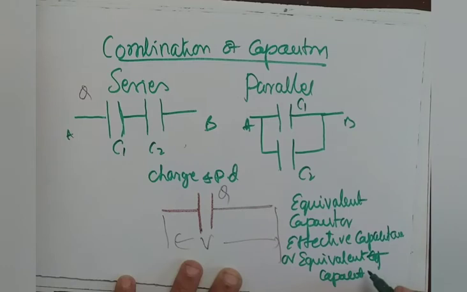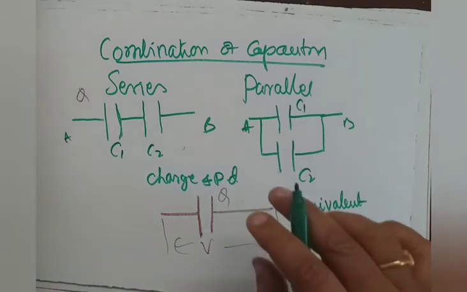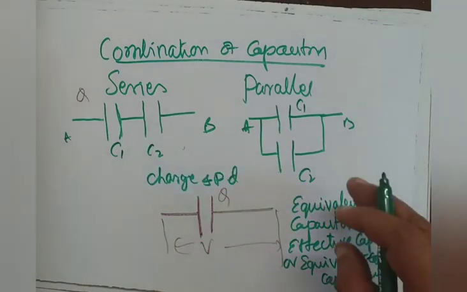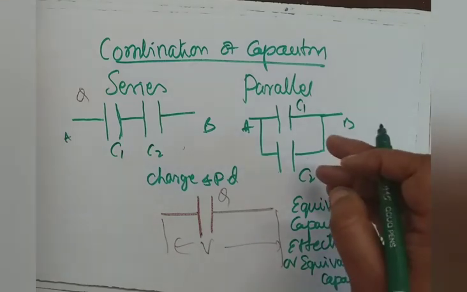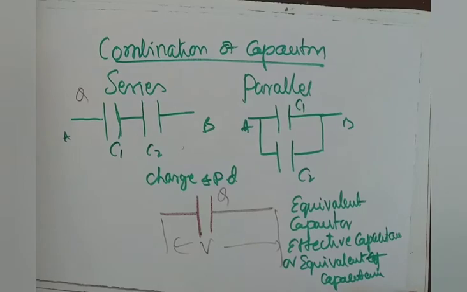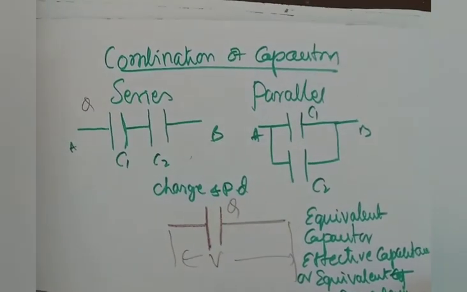So now our job is to derive the expression for equivalent capacitance for series combination, and in the same manner, the expression for equivalent capacitance for parallel combination. So now we start with those things. Just observe carefully.